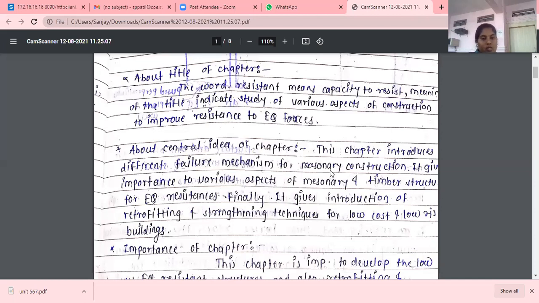This chapter introduces different failure mechanisms for masonry construction.